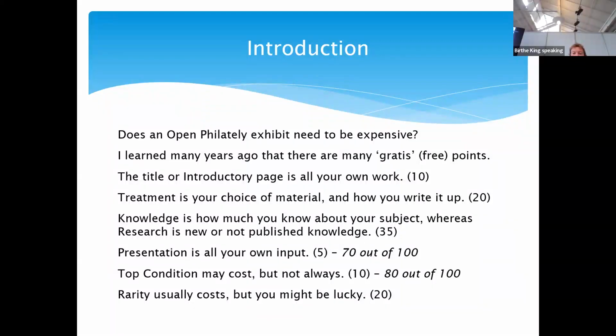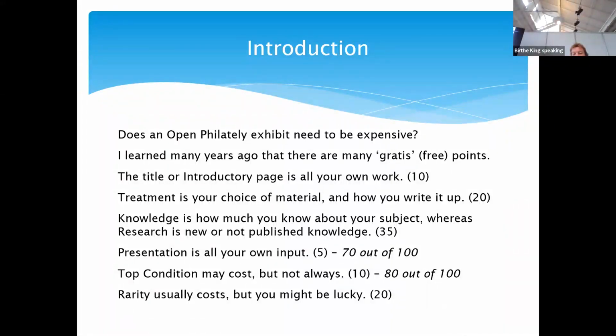Knowledge is how much you know about the subject, and research is also up to you. So now you are up to 65 points. You've got your presentation, which is 5. So you're up to 70 out of 100 points without it costing anything. And when I learned that, I thought, well, that is brilliant. That is encouraging.